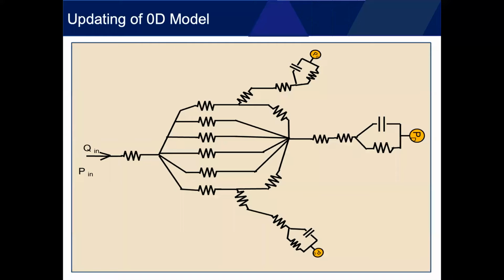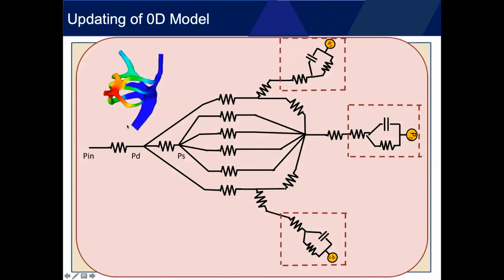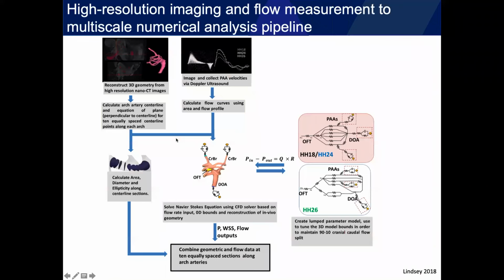So this was fine for the HH18 models, but for HH24, we had to add in another dissipation here for the aortic sac. So we basically added in another resistor here in order for the flow to go up through the sac to reach these 4 upper vessels. So to reach these 4 upper ones, there's this resistance here. So we just updated our model from that.